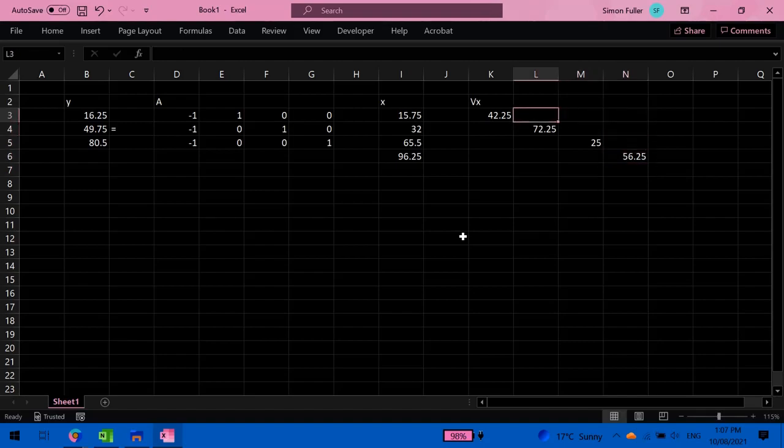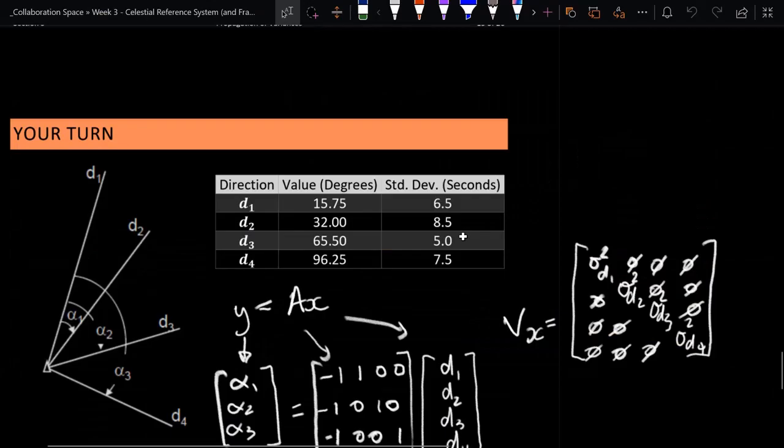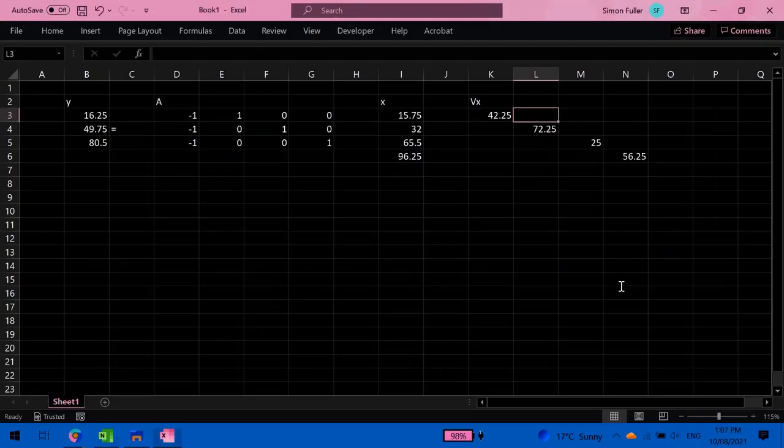And based on our setup, we said all the measurements, all the directions were independent, so they're all zeros for the off-diagonal terms. Okay, so now we have that matrix set up.